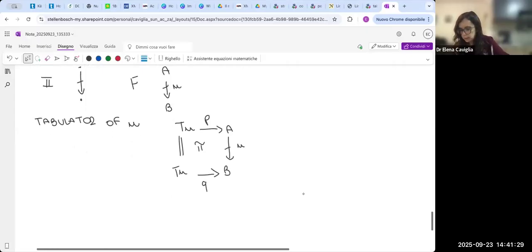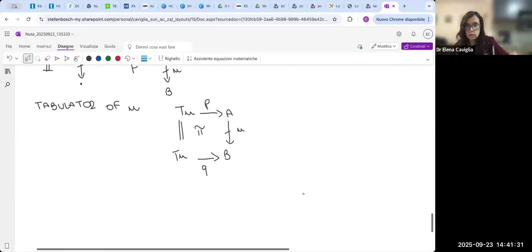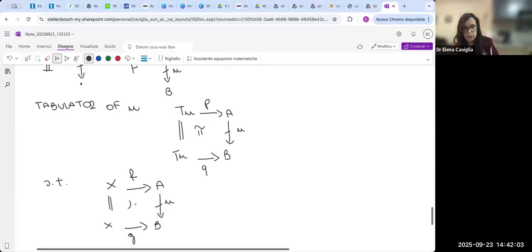And what are the two universal properties? So this tabulator is such that, so the one that's similar to something that we can imagine says that if we now have another object X with two arrows, one into A and one into B, so this G, and also a double cell in here, let's call it alpha.